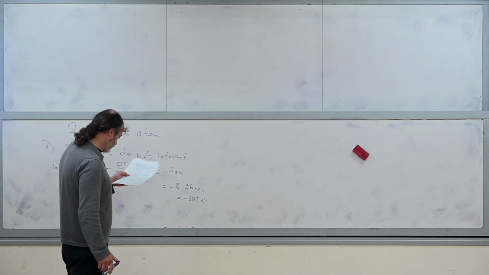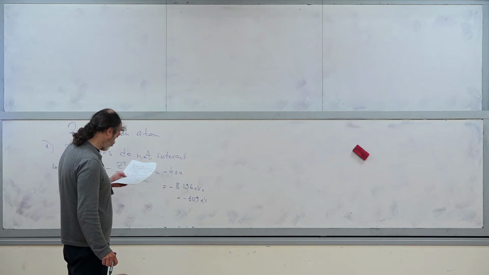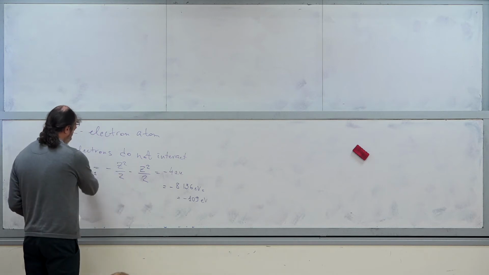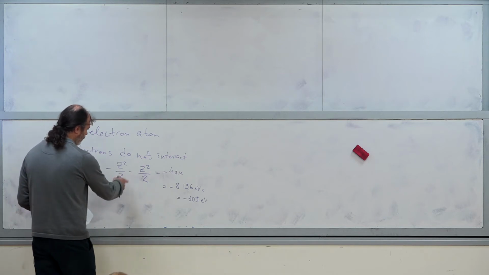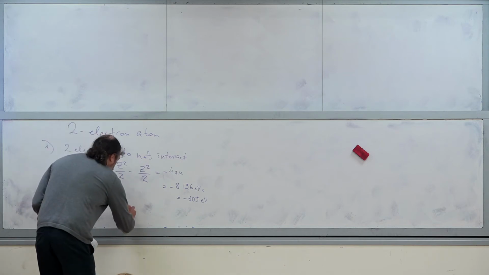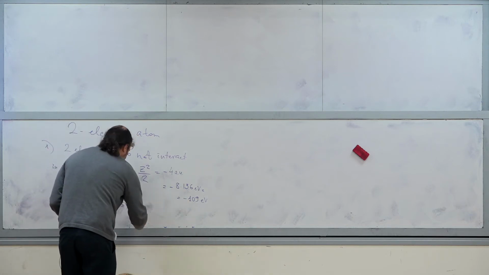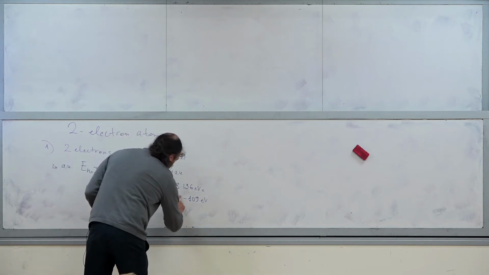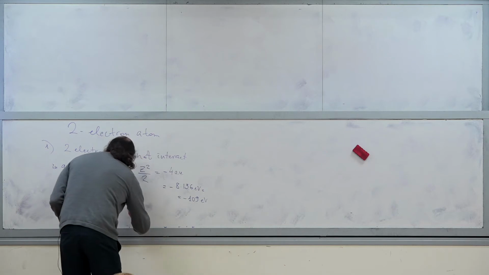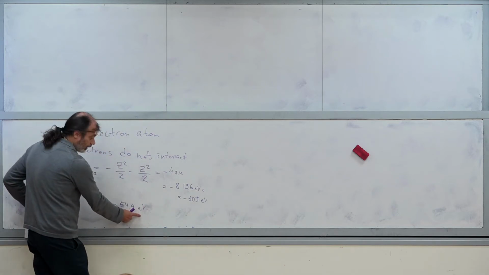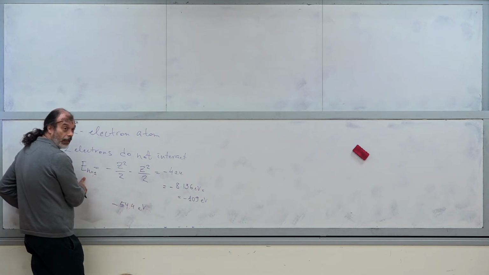So what is the binding energy in this situation? The binding energy of a single electron is essentially minus 54, the half of that, 54.5. Well, it's about 54.4. That's the binding energy of a single electron to the atom.